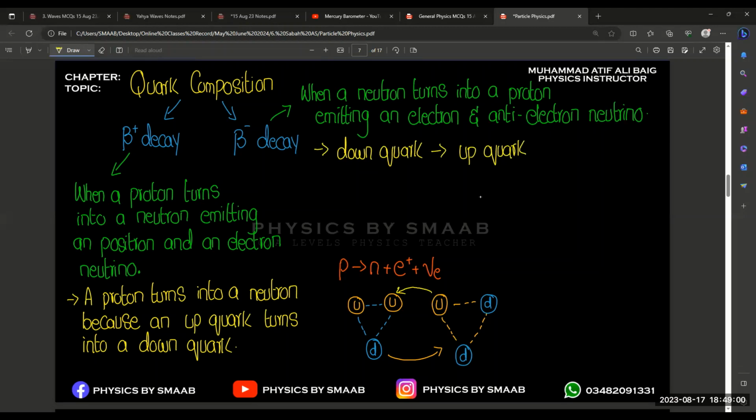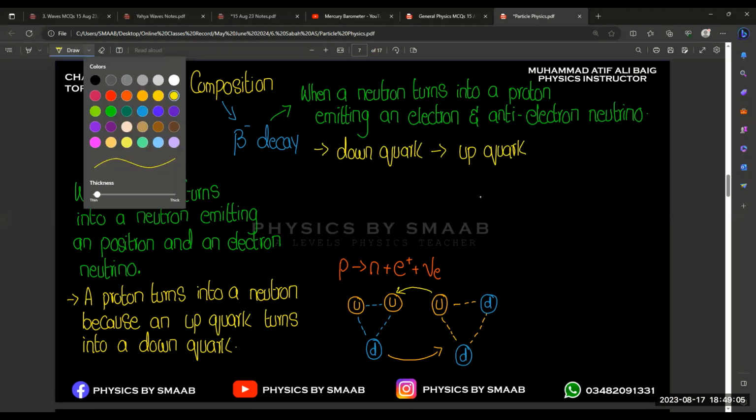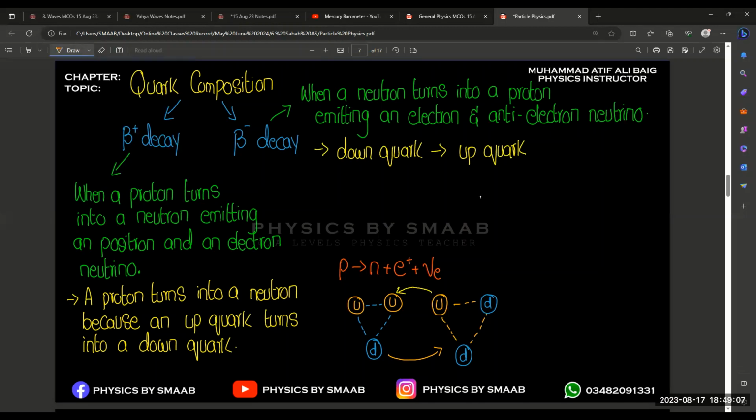And you also got the idea of the formation, right? You need to draw that formation in the reverse order. So your equation will be n is converting into proton plus electron plus electron neutrino.